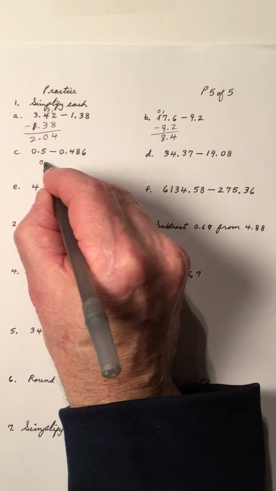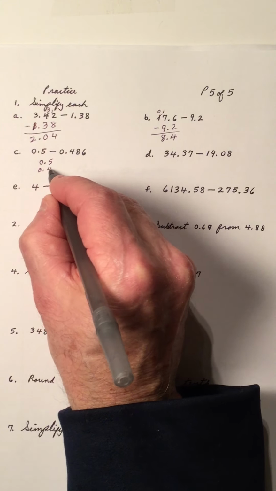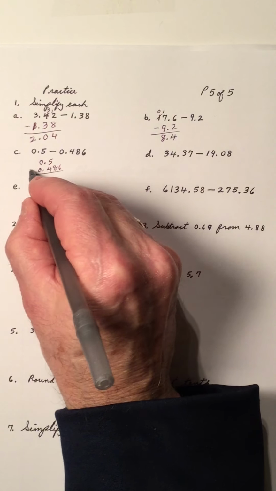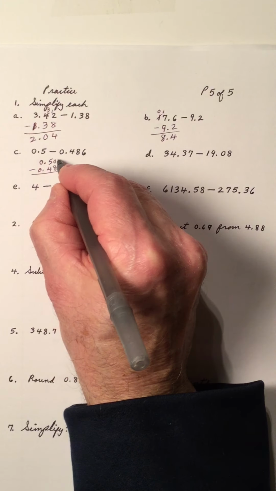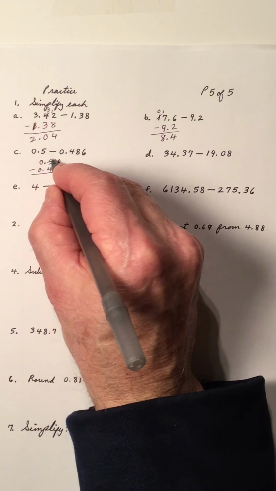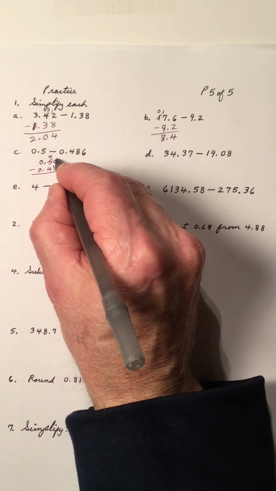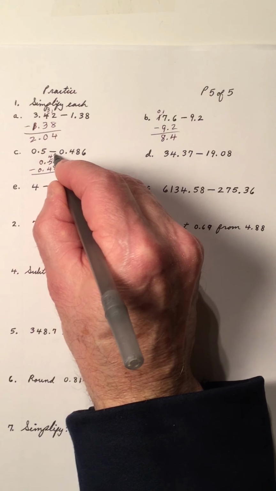And we have a 0.5 subtract 0.486. Notice we have no hundreds, no thousands. Put them there. We can't subtract here, so 5 becomes a 4. That becomes a 10. We can't do it, so the 10 becomes a 9.